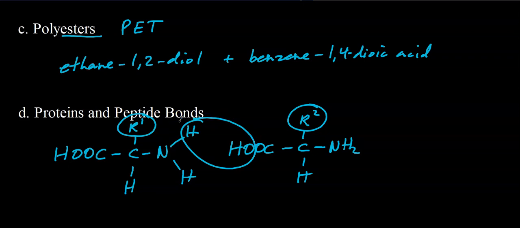We have a bond that forms between this nitrogen and this carbon, and that is our formation of our amide. And so if you link a bunch of these together, you get a polyamide. Bonds between amino acids we call peptide bonds, and a bunch of amino acids bonded together makes a polypeptide.